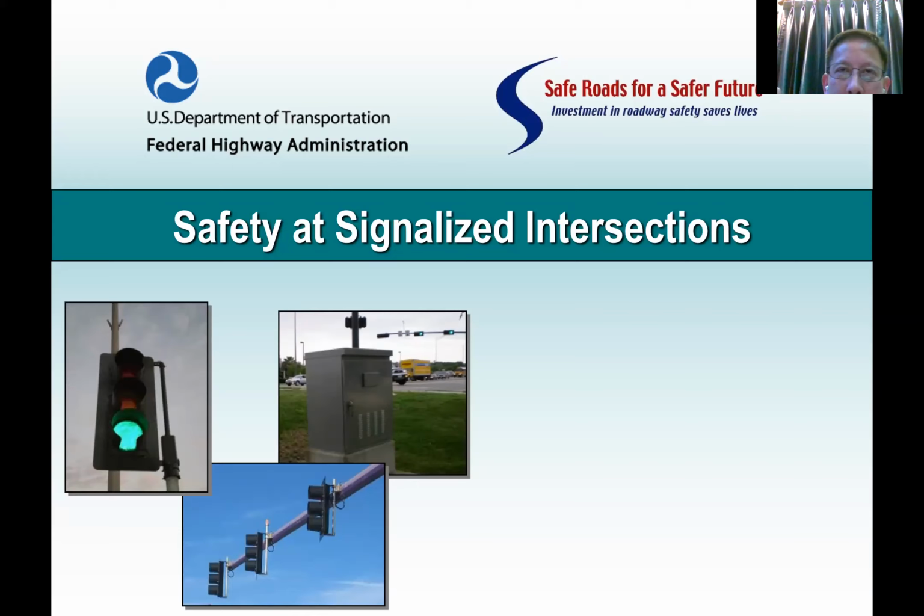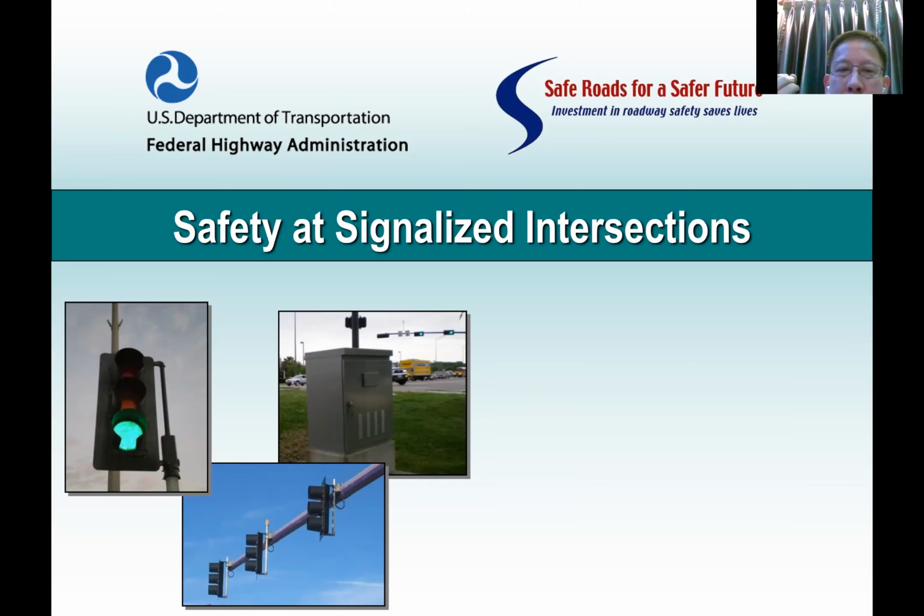And one may not obey the laws. Drunk driving is also not obeying the laws. So at a signal at intersections, once you put the signal in, you really want to create an environment for safety at the intersection.